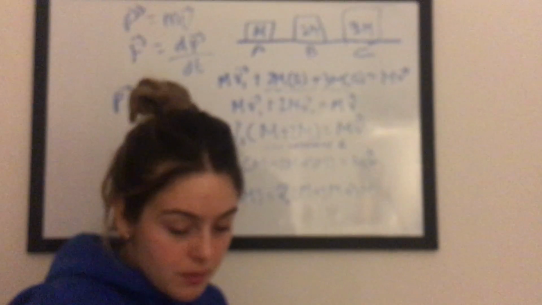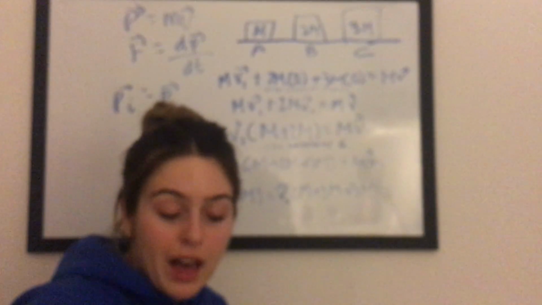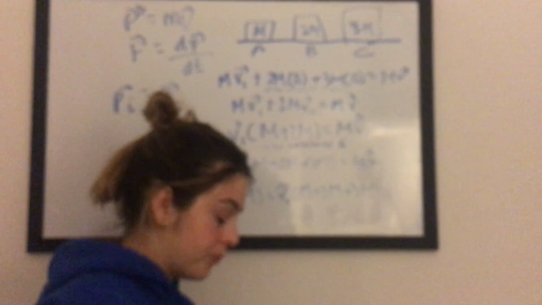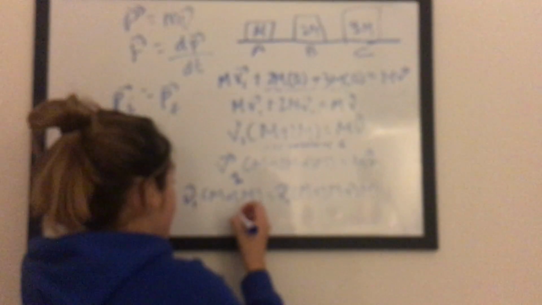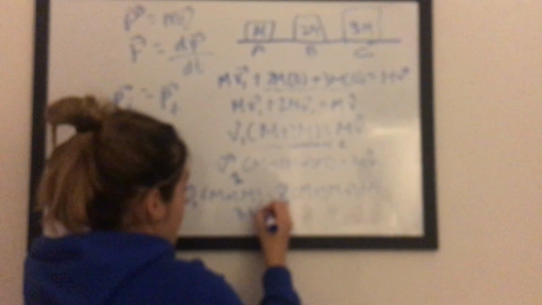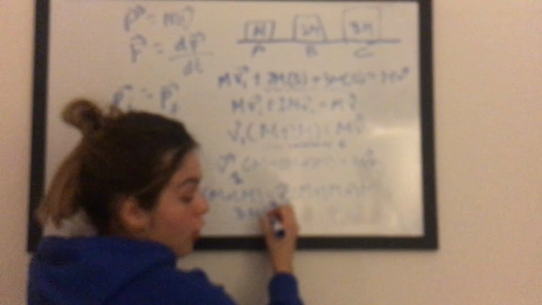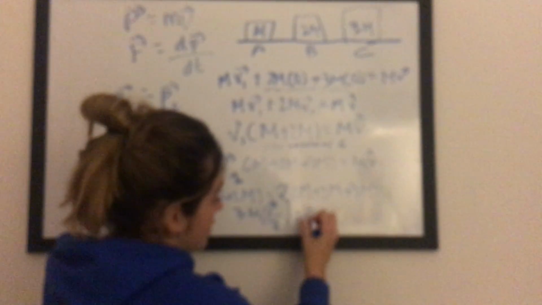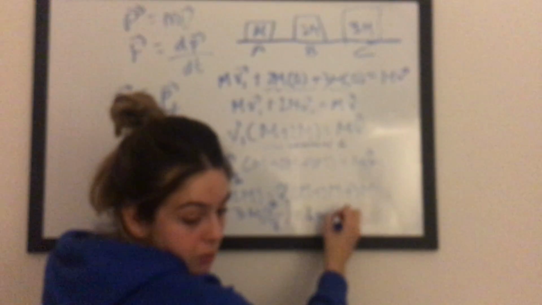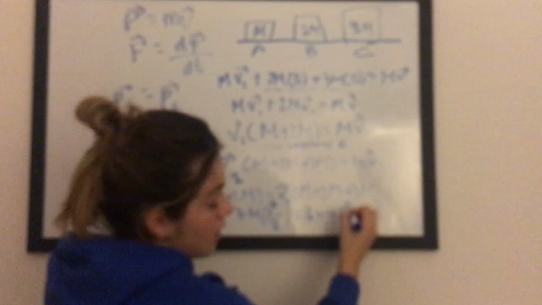Following some very simple algebraic problem solving, this should simplify out to 3m times v over 3 is equal to 6m times v2.